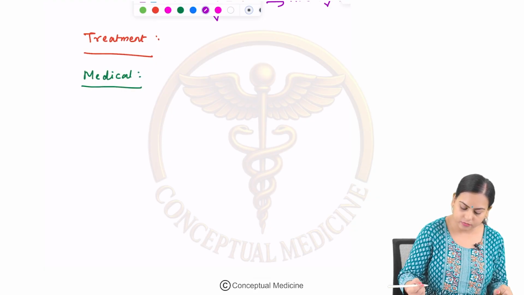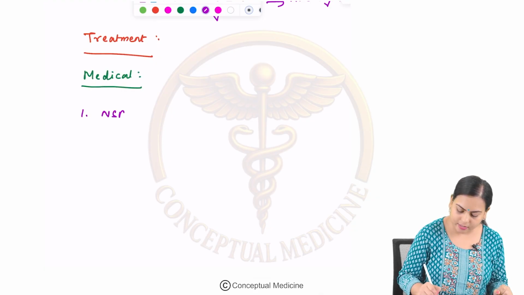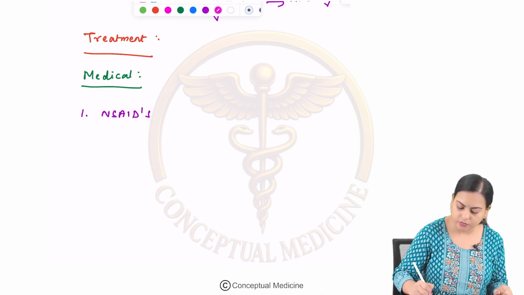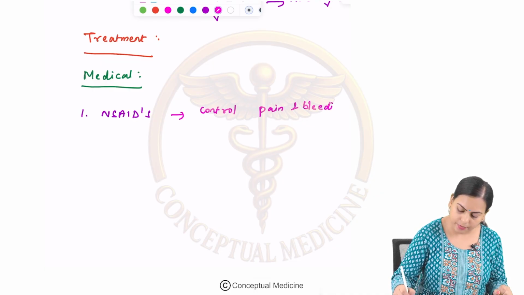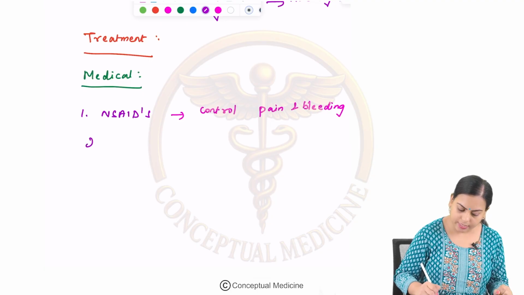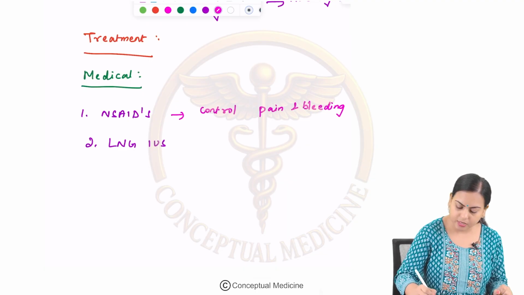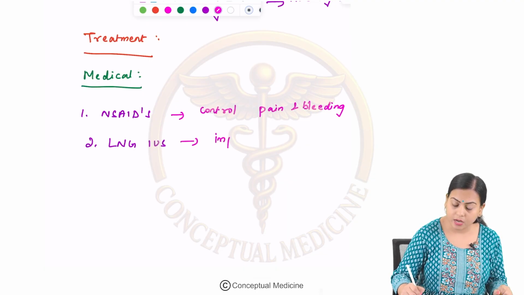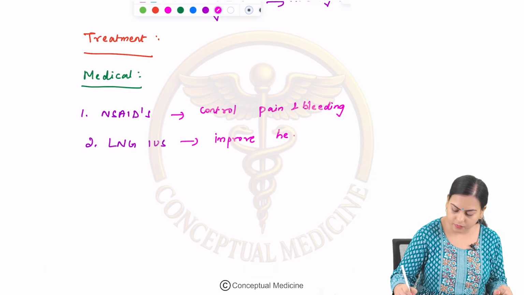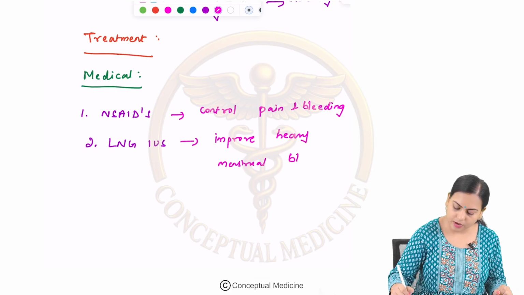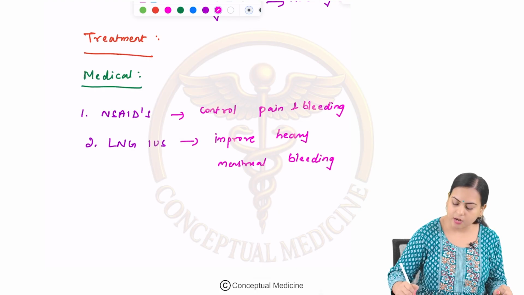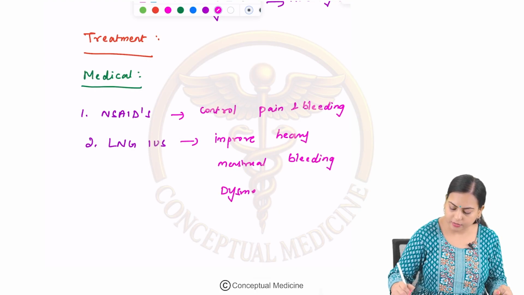You can give NSAIDs, which will be controlling pain and bleeding. Second one is the levonorgestrel IUD system, which will improve heavy menstrual bleeding as well as dysmenorrhea.